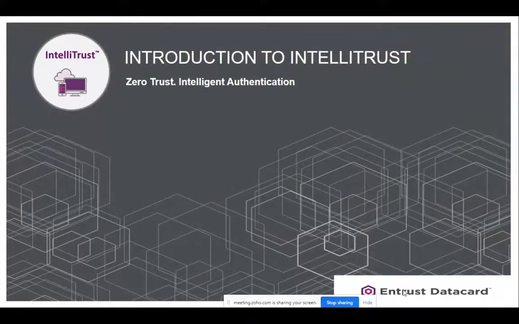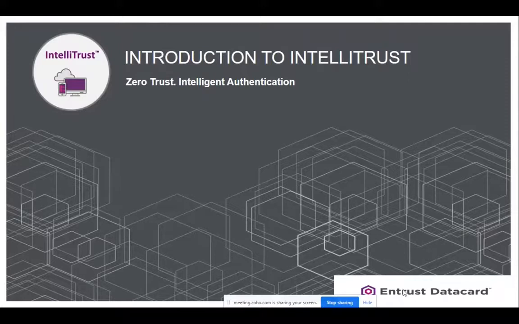So let's try to understand what Intellitrust is. Intellitrust is a zero trust intelligent authentication solution. It is completely a cloud-based solution. So basically, everything from the management perspective, we keep on the cloud. Just to give you a little heads up, we have two solutions from Entrust.